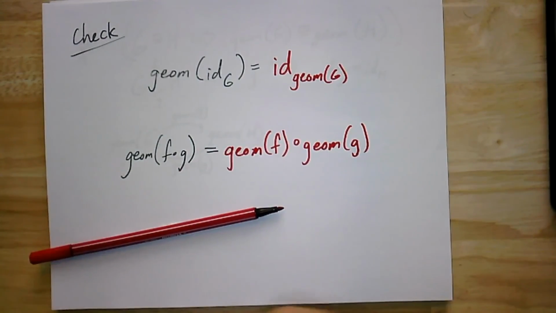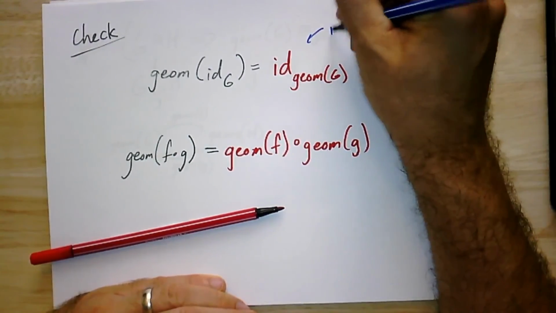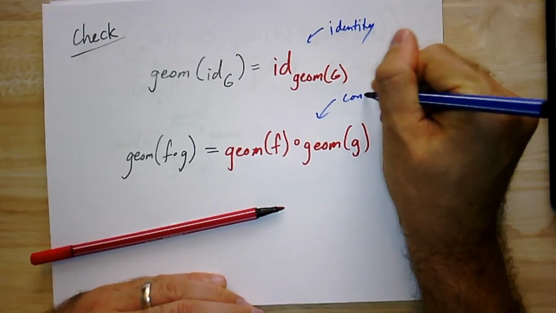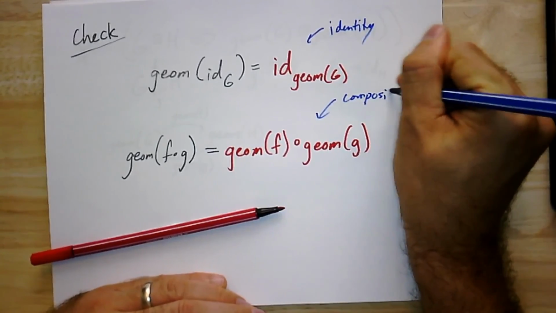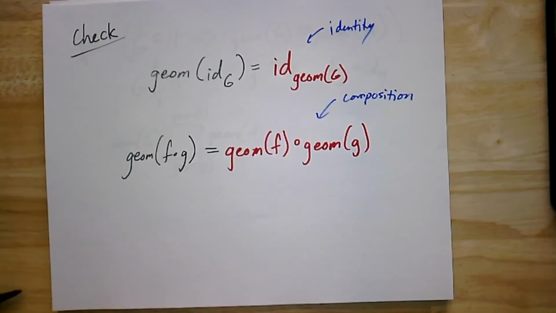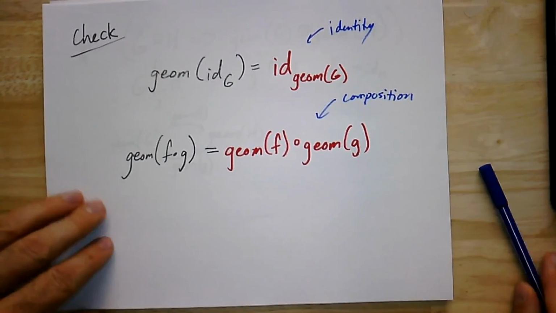Okay, so again, it's saying that somehow this operation plays nice with identity and composition. These are two facts that are going to be very, very useful for us.